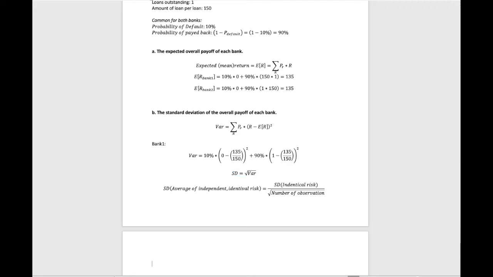Okay, so when we have this, we can calculate the standard deviation of the overall payoff of bank 1, which is the same as the average of independent identical risk.